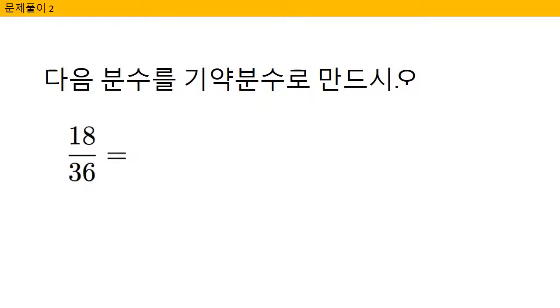This next question asks us to reduce the fraction to its simplest form. So we have to put this fraction into its simplest form. Now, if you memorize your multiplication tables, you could know right off the bat the answer to this, but if you don't, we can go through a couple of different ways to solve this.